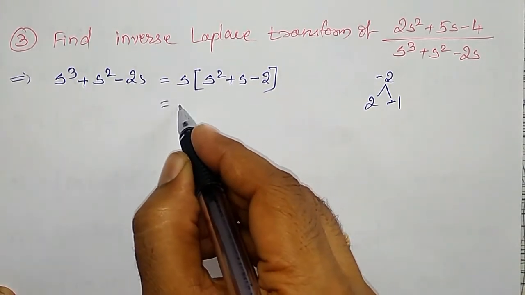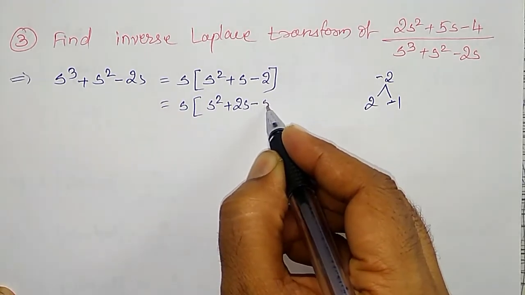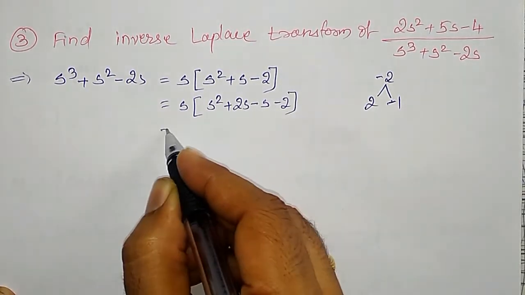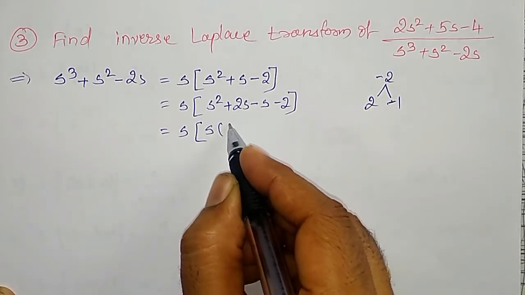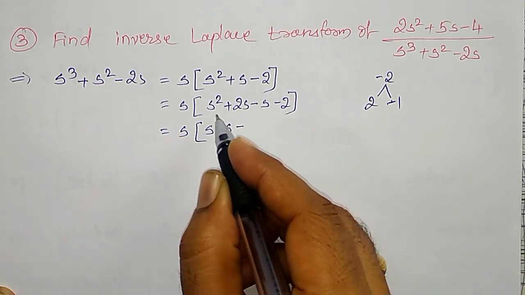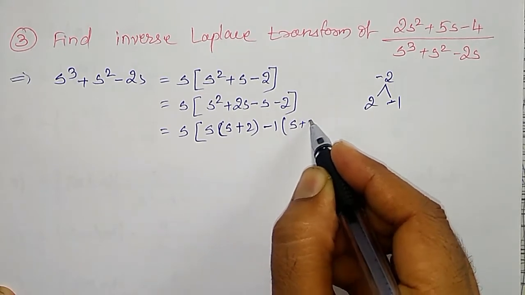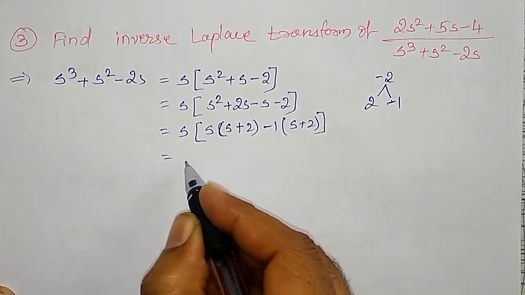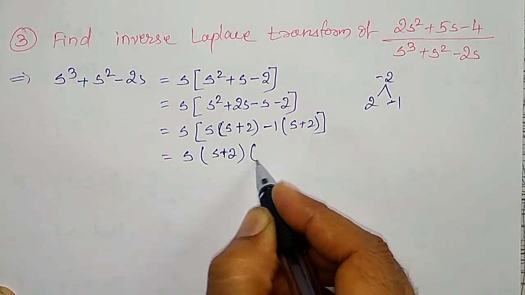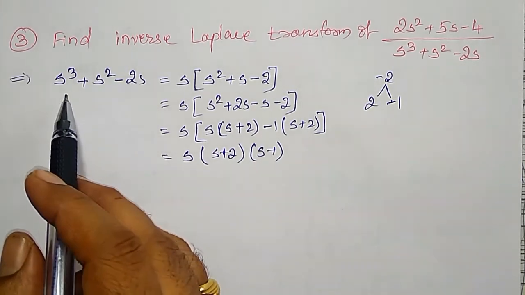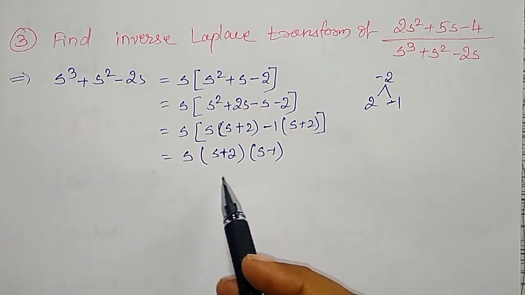Therefore s into s square plus 2s minus s minus 2, which is equal to s into s plus 2 minus 1, taking s plus 2 common, therefore s into s plus 2 into s minus 1. Therefore I can write the denominator into factors like this.